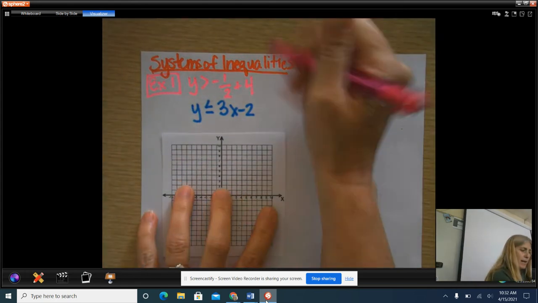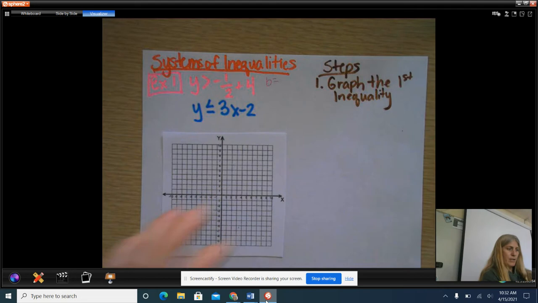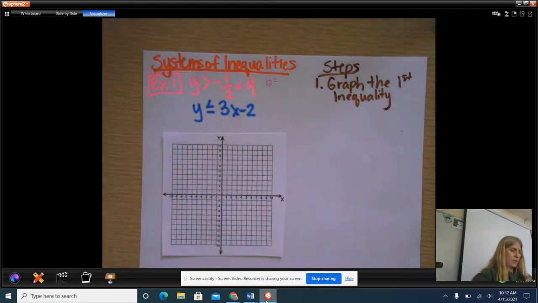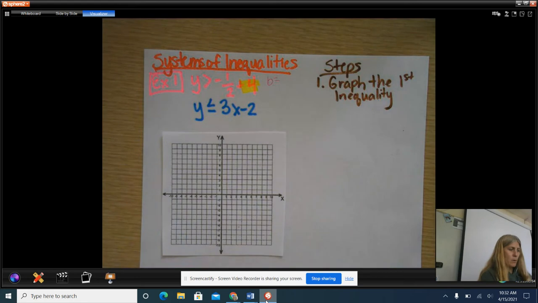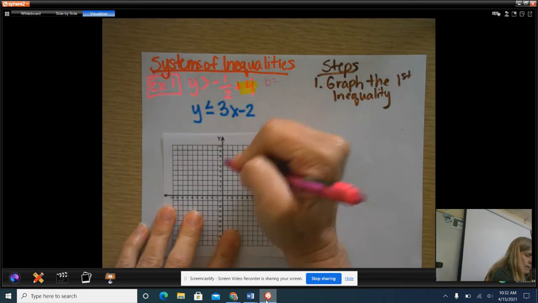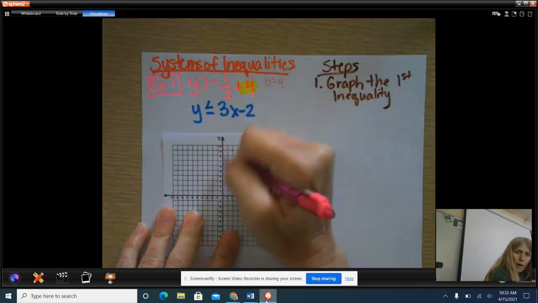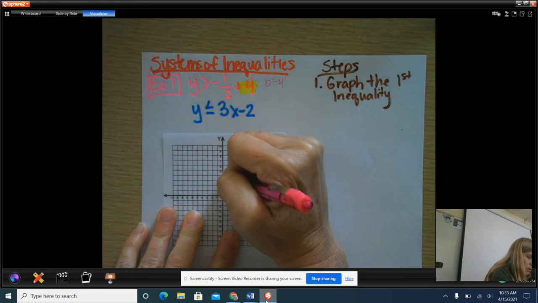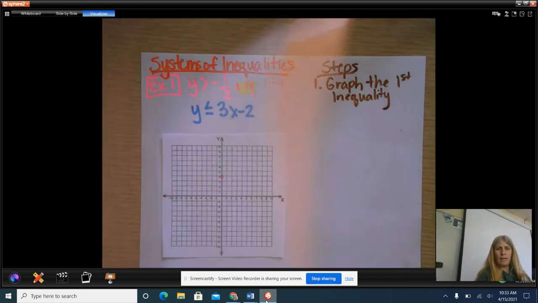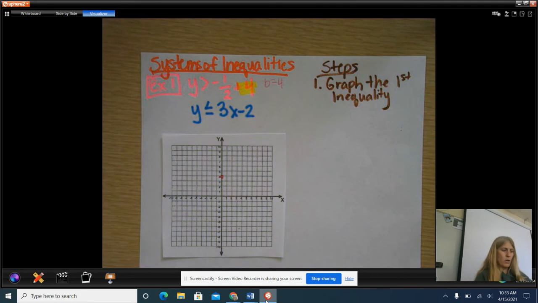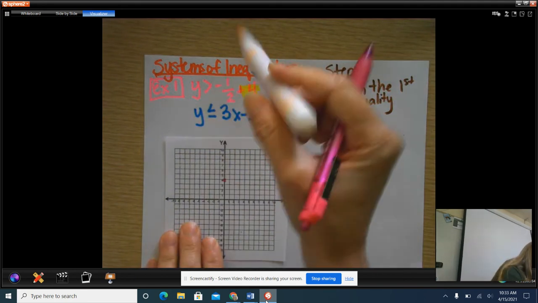First we're going to pull out our y-intercept, and our y-intercept in this case is a positive 4. So we are going to make a dot on our y-axis at 4. The next piece of information that we need is our slope.